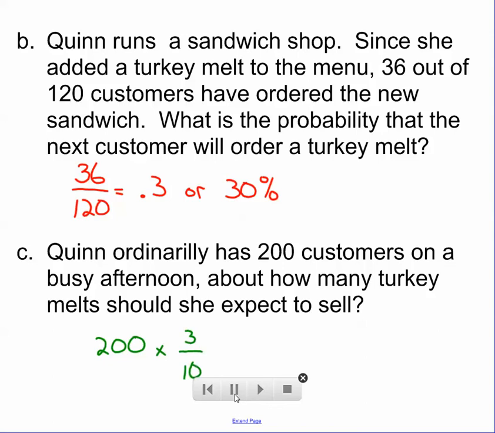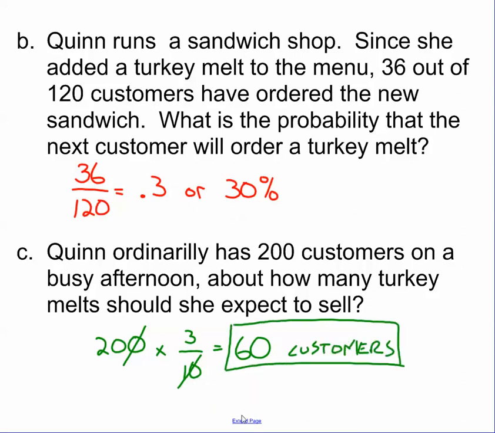So I'm going to change that 0.3 or 30% to 3/10, and it'll tell me that about 60 customers could be expected to buy turkey melts. 3 out of every 10, 30 out of every 100, so that would be 60 out of every 200. So that's using experimental probability to kind of predict the future a little bit.